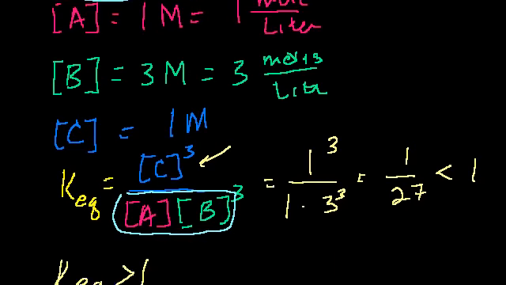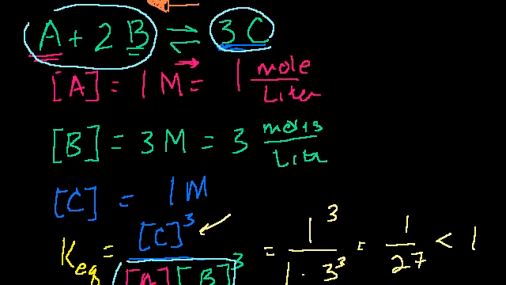The other interesting thing is you can then figure out what happens if I add another mole of A to the reaction. So let's say I throw some A into the reaction. I add some concentration of A, so now my new A is equal to 2.